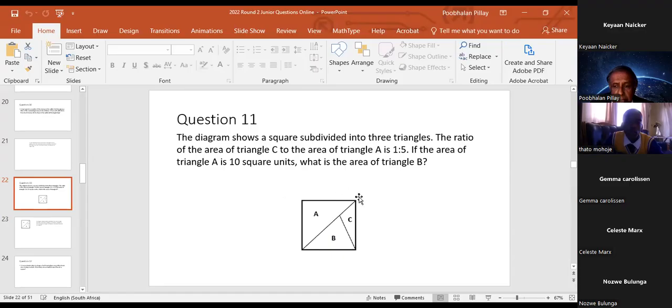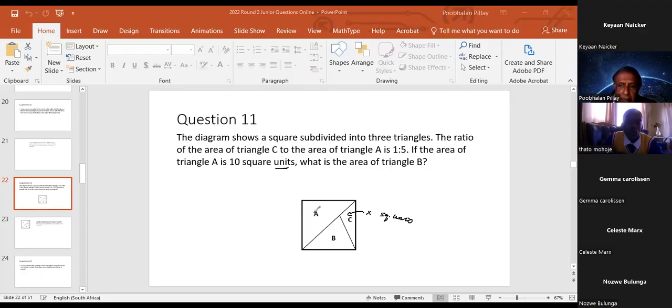So in other words, if this area here is X square units, they say square units here, right? So if this area here is X, then the ratio of this area to this is 1:5.